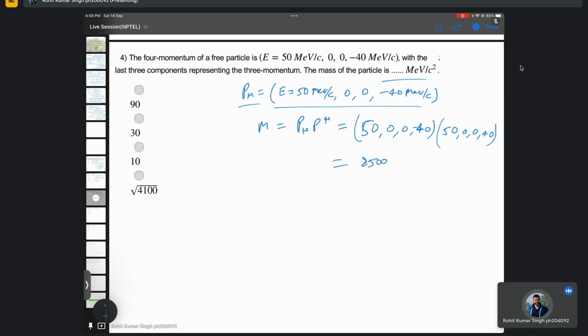So 2500 minus 1600, which is the mass square actually, and we will get 800, no sorry, 900, and so mass will be just the square root of this, which is 30. Okay, again a very simple problem.